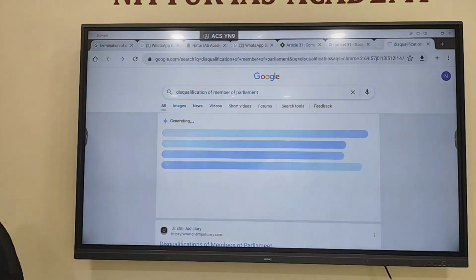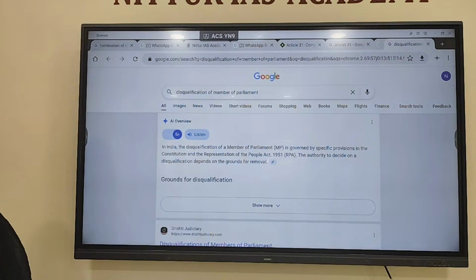Disqualification means, which are the grounds? Office of profit. Office of profit means holding two designations, that is called as office of profit.